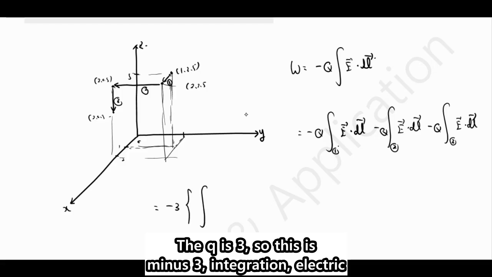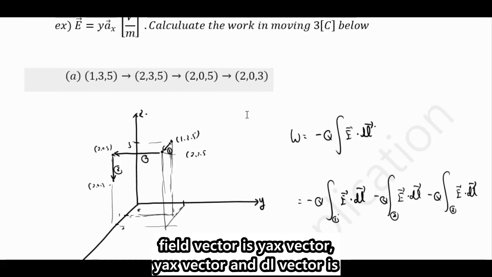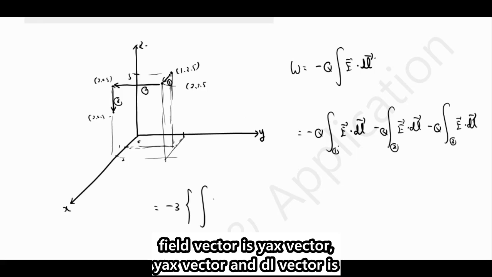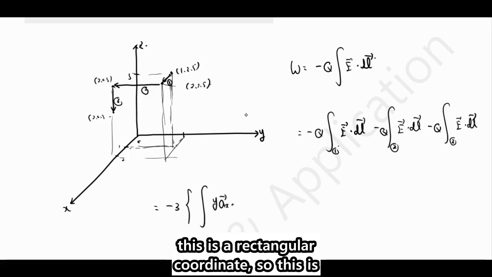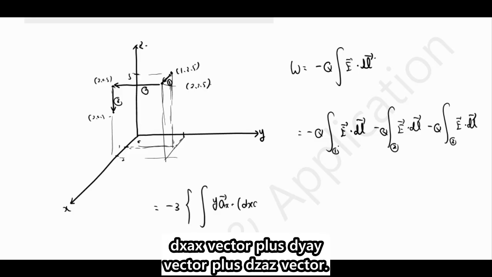Integration. Electric field vector is y ax vector, and the dl vector is, in rectangular coordinates, dx ax vector plus dy ay vector plus dz az vector.